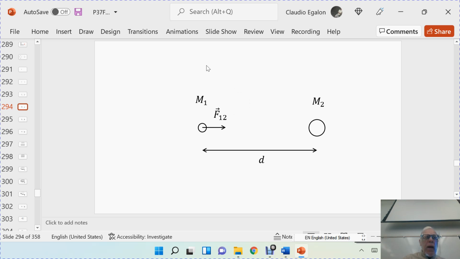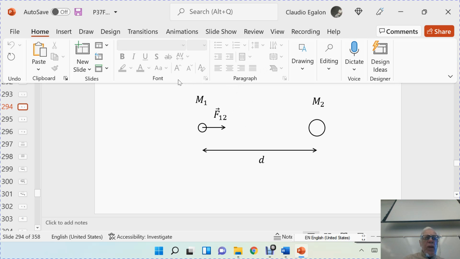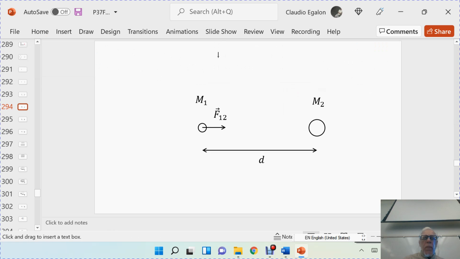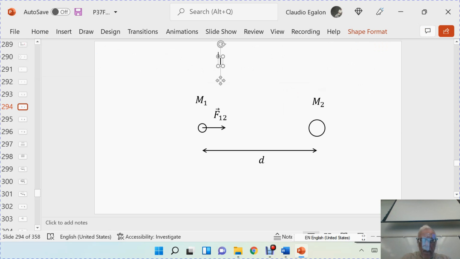I'm going to write it down here. F12 is the force on mass 1 due to mass number 2. That's what this notation means.